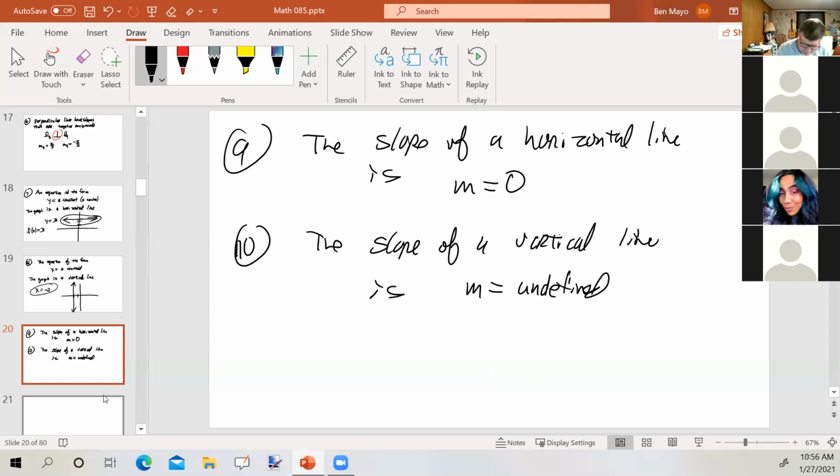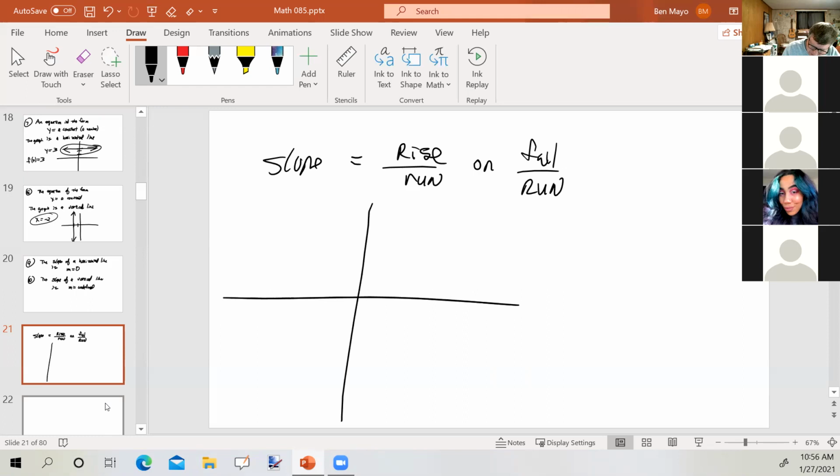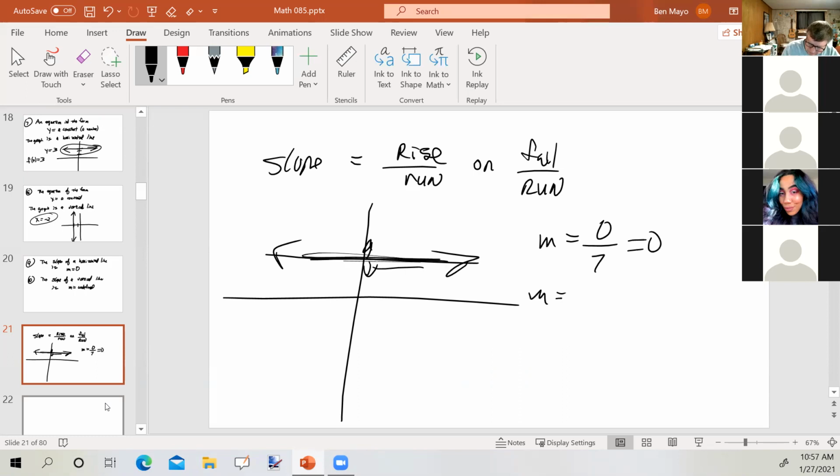And let me exemplify both of those here. All right. So slope is rise over run. Or if it's negative, we could say fall over run. So if I have a horizontal line, the rise or the fall is 0 over some run. So the slope would be 0 over some number, let's say 7, which is 0. So the slope of a horizontal line is 0.